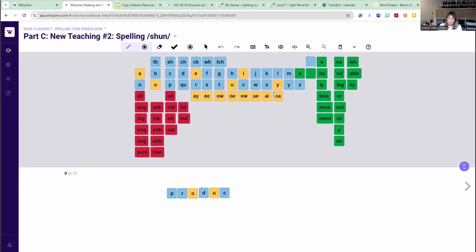And now what I'm going to teach them is that anytime after most consonants, if you hear shun after most consonants, it's going to be TION. Okay, so production.